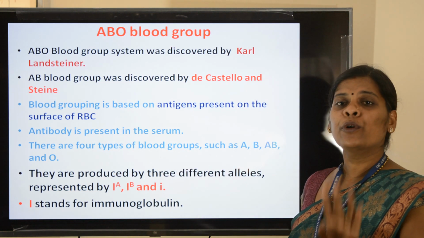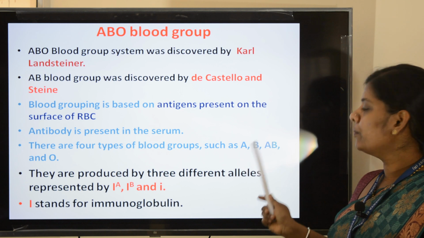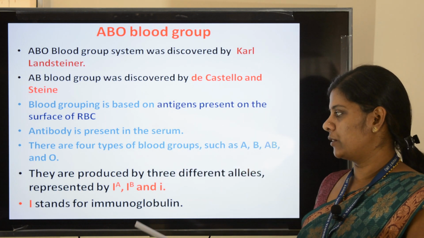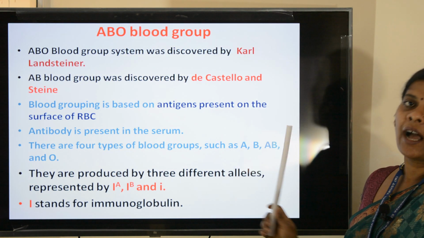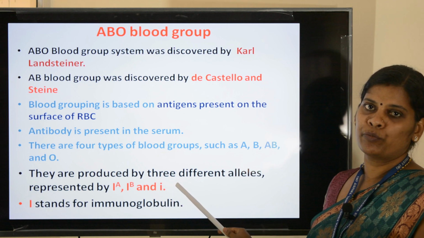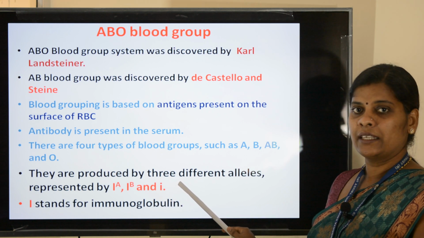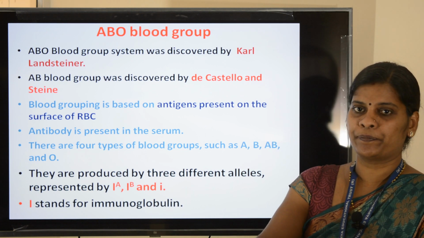There are four types of blood groups: A, B, AB and O. They are produced by three different alleles represented by IA, IB and small i. Here I stands for immunoglobulin.